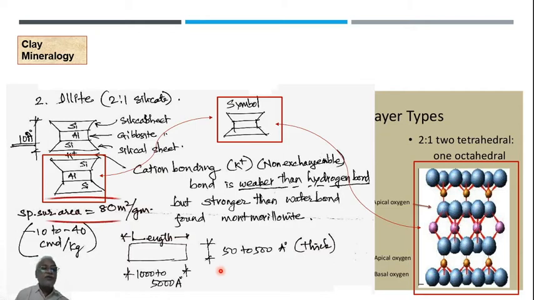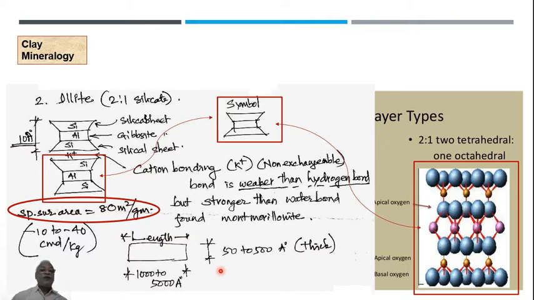Yeah, the most important thing here is the specific surface area. Now it has increased. You can just see here 80 meters square per gram. So it is becoming too small in size. Because of that, the specific surface area has increased.